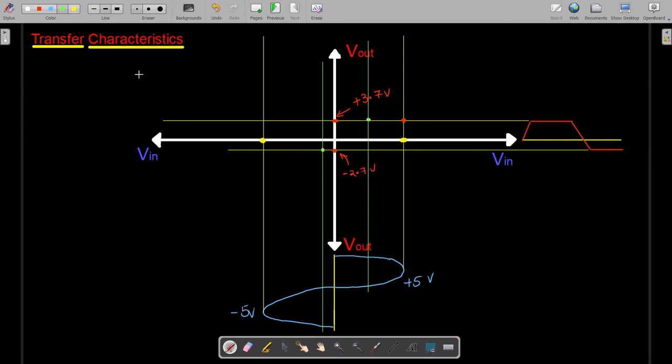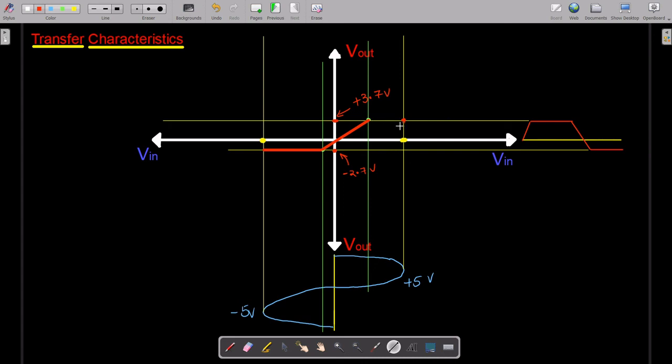Okay, and now if you try to draw according to the projection, this would be something like this. See, at the input side you are giving plus 5 volts, so it would be getting reflected, and at the output side it is minus 2.7 volts. And as soon as the input waveform is increasing from minus 2.7 to plus 3.7 volts, the output waveform is following the input waveform, so it would remain as it is in between this range, that means from minus 2.7 to plus 3.7.